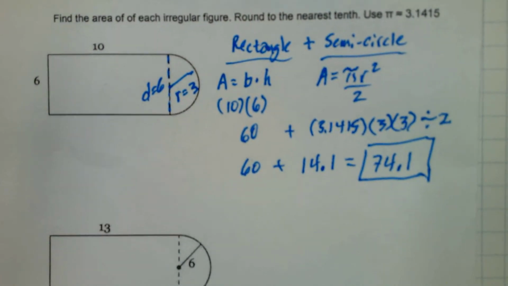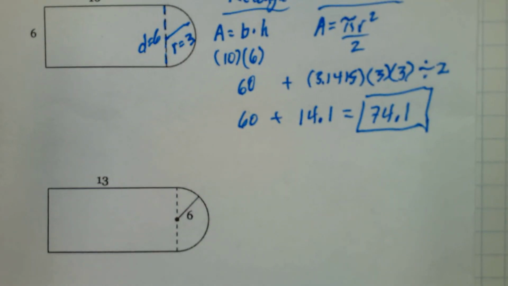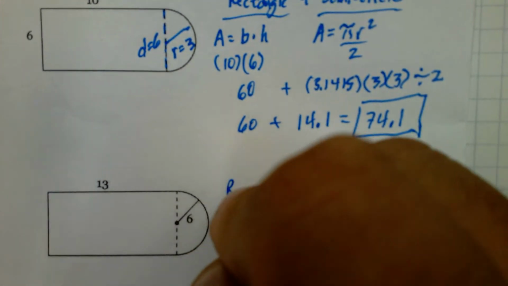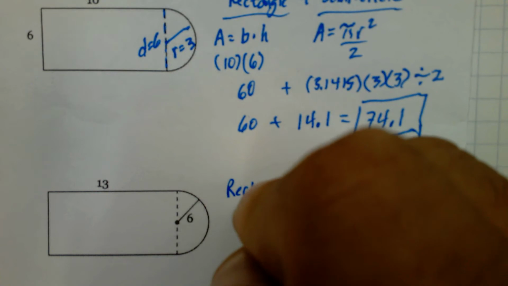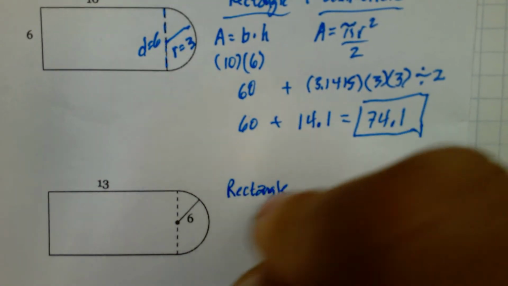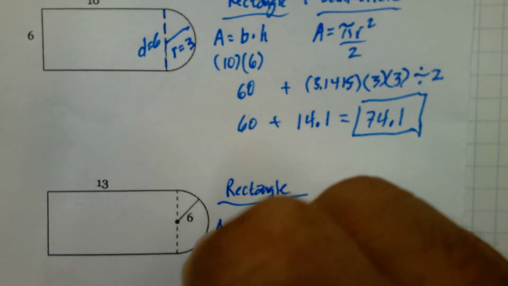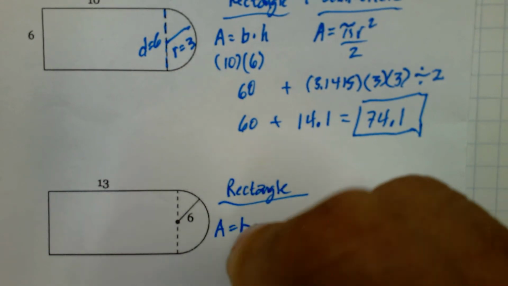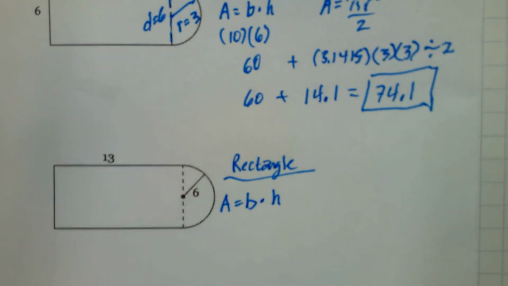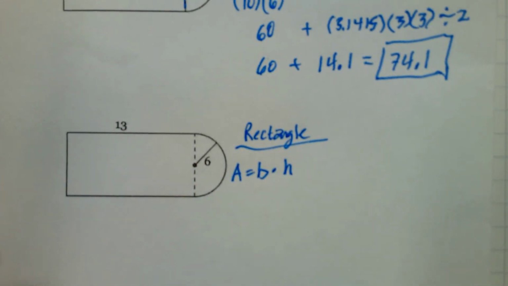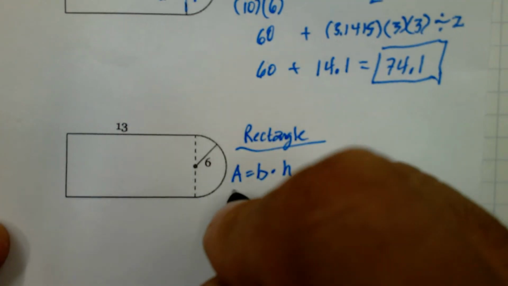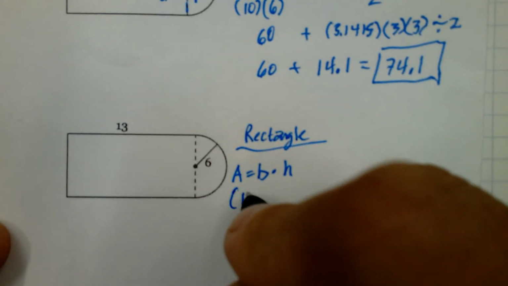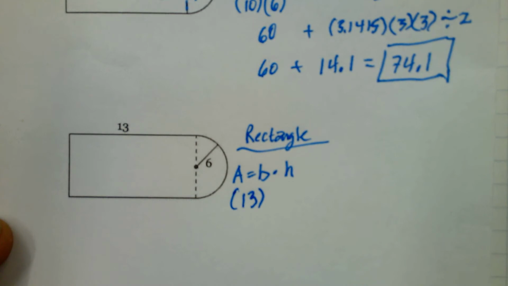Okay. For our second one, we have almost the same thing. If we want to figure out the rectangle, we're going to need area as base times height, once again. Well, I know the base. How about the height?